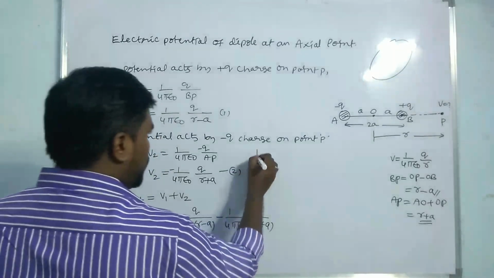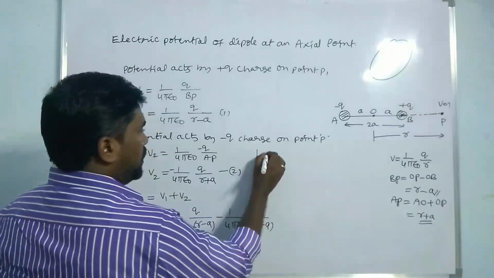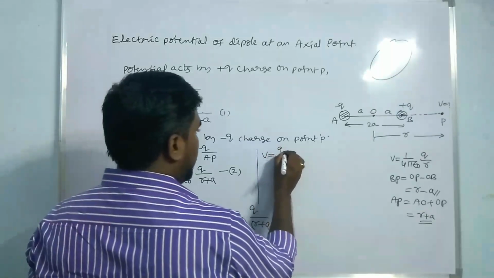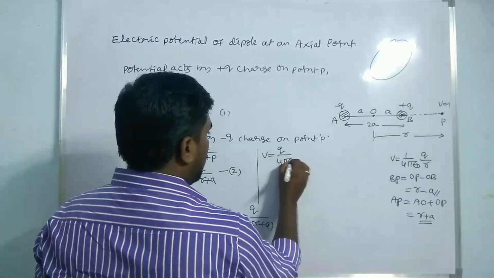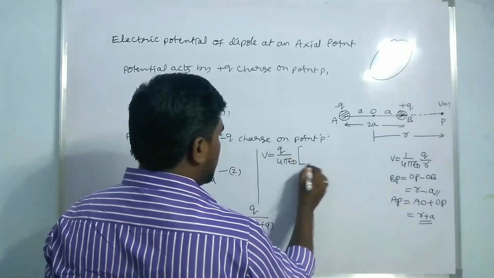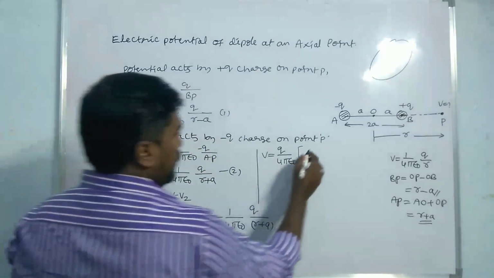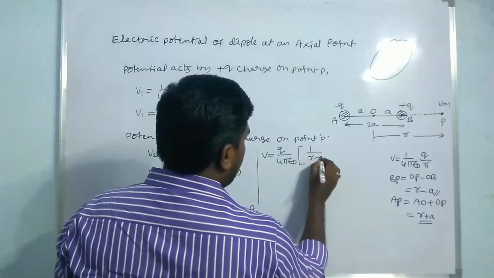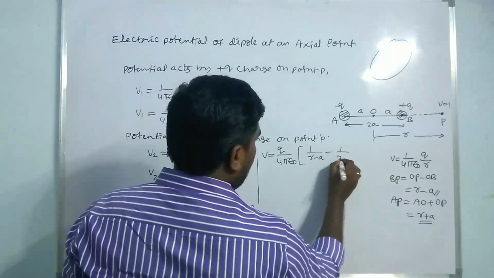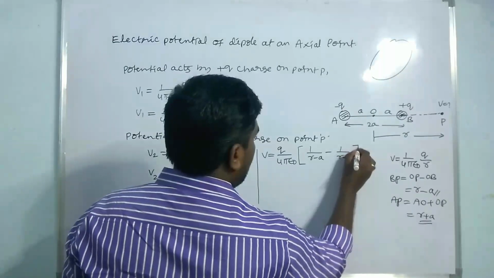How we can simplify that? V is equal to Q by 4 pi epsilon naught is common, and here 1 by R minus A minus 1 by R plus A.